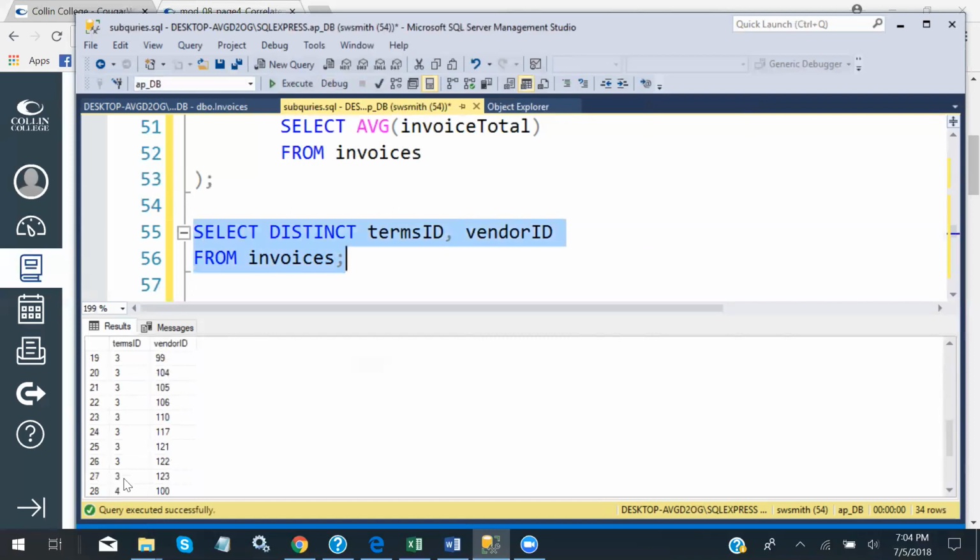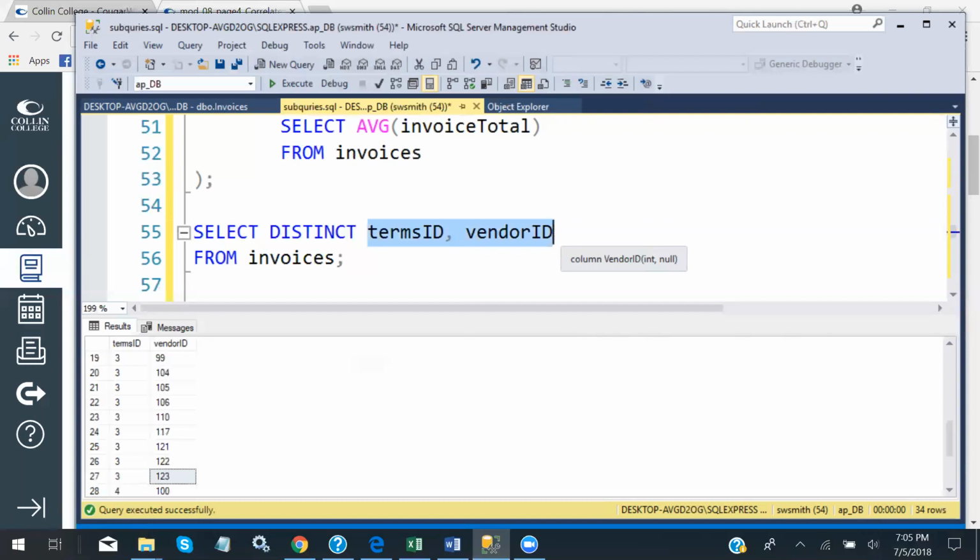So there's 3 and 123, and I only get 1 row of 3, 123. The distinct applies to everything after it. It's not a distinct terms ID, it's not a distinct vendor. If I have 10 fields in there, it will apply to all 10 of them as a group. That's what the distinct means.